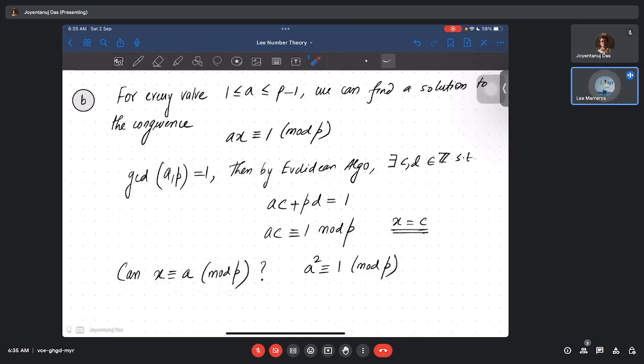Oh, you're just multiplying. Yes. So when will the solution be a? You are saying ax is equivalent to 1, and below, instead of 1, you have a. That's why x needs to be a squared.